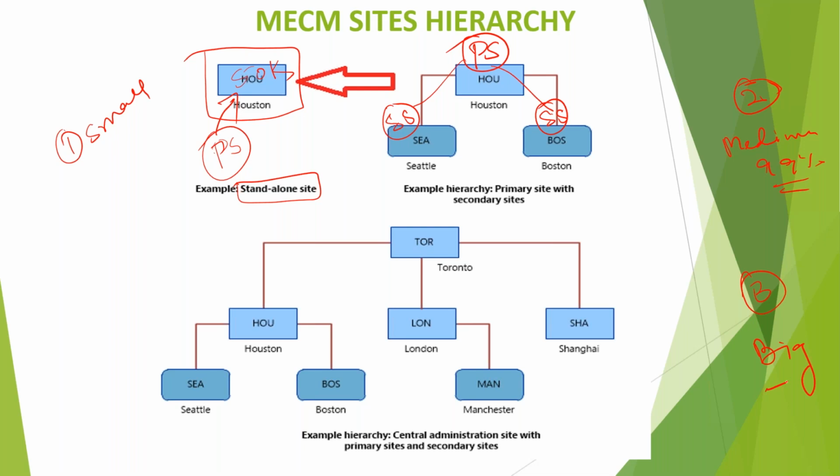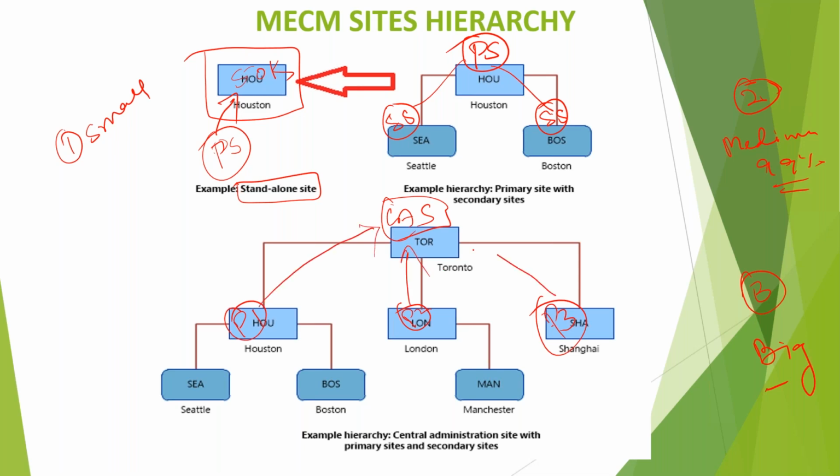Then the third one is a very rare kind of deployment, for big organizations like Accenture, Deloitte, IBM, Wipro, Cognizant, with more than 200,000 devices all over the globe. One primary site is not sufficient to manage all the devices. So we will have primary 1, primary 2, and primary 3, and all of them will report to a top level server, that is the central administration site server.